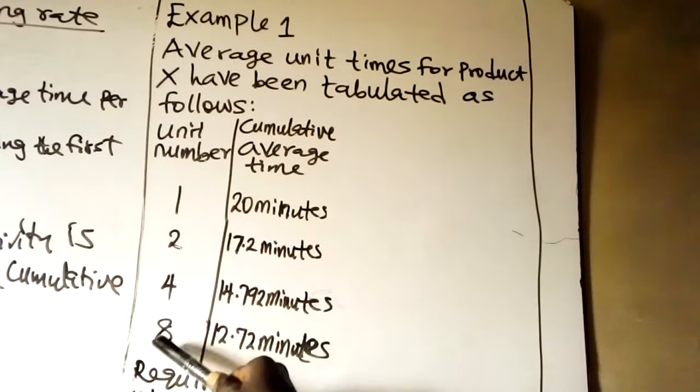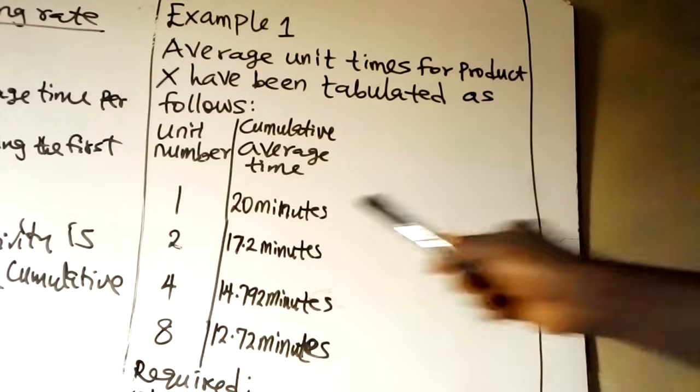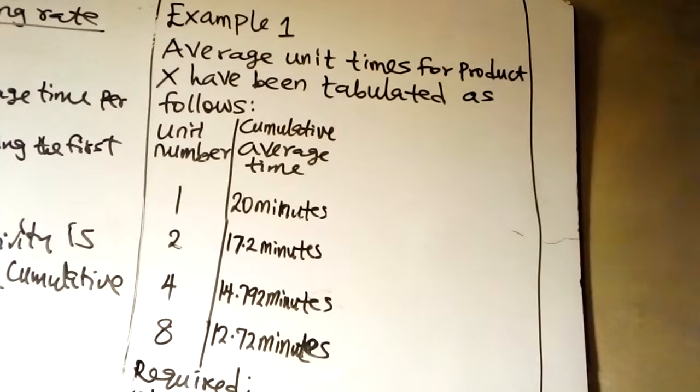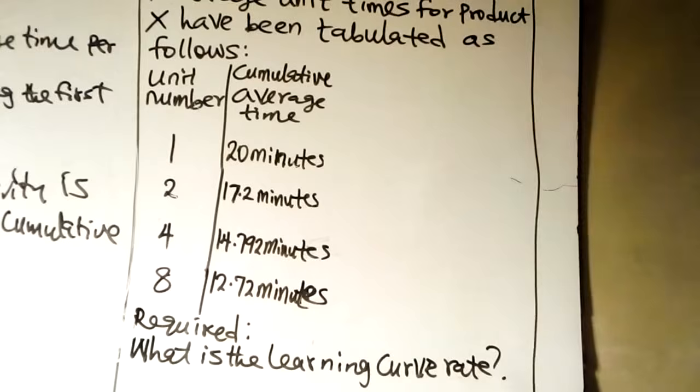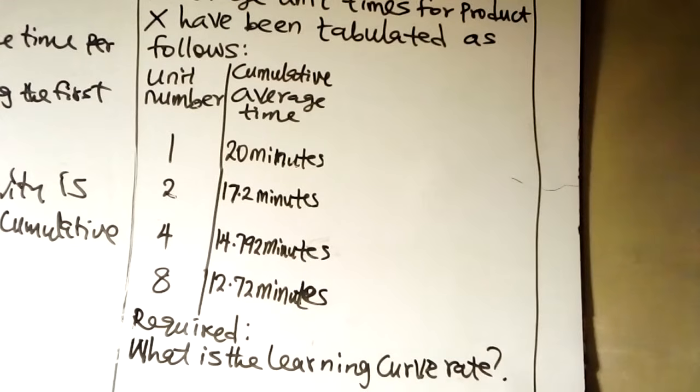When you double 4, it will give you 8. Then the average time is 20 minutes, 17.2 minutes, 14.792 minutes, and 12.72 minutes required. What is the learning curve rate? That is the question. We are going to solve it using both the tabular approach and the algebraic approach.